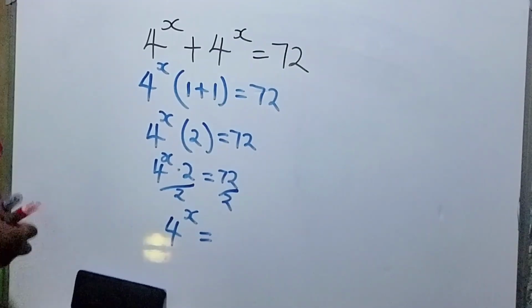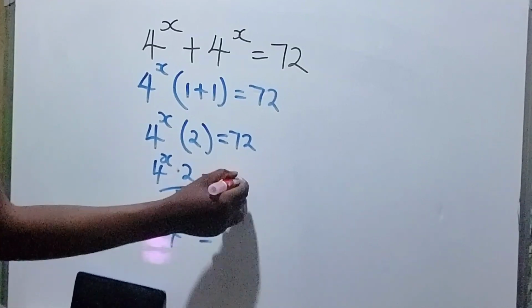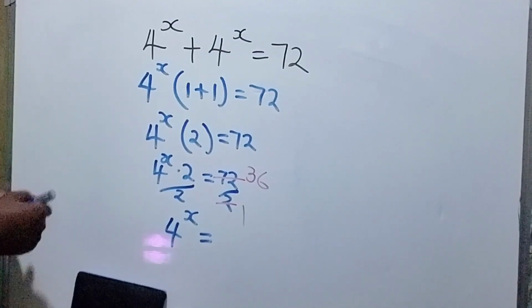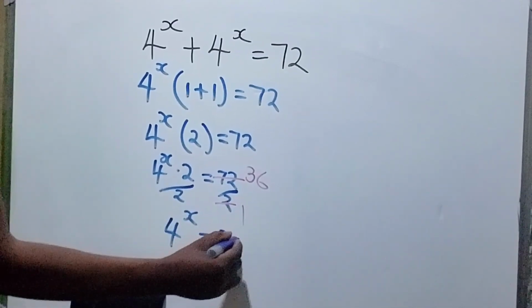This is the same as now what? 2 goes here, 1; 2 goes here, 36. So here it is 36.